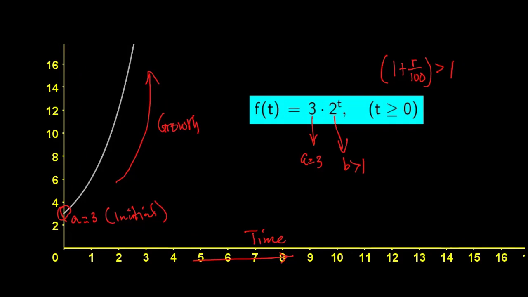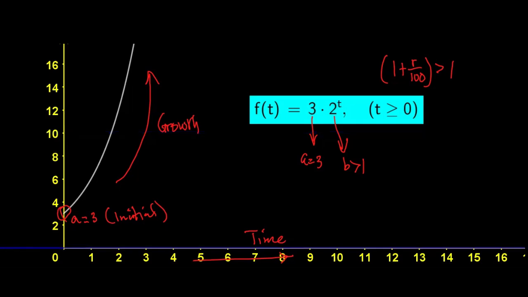Let's look at another function that will represent decay. Here, if we take g of s, or g of t, and we define it as 10 times brackets, let's take a number that is less than 1.